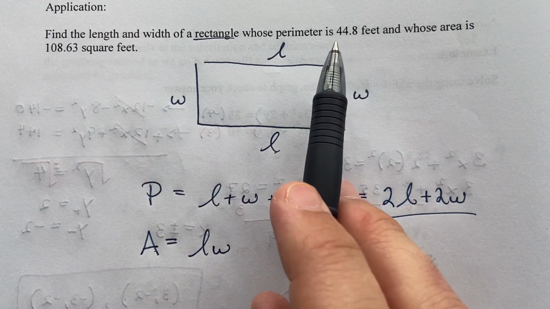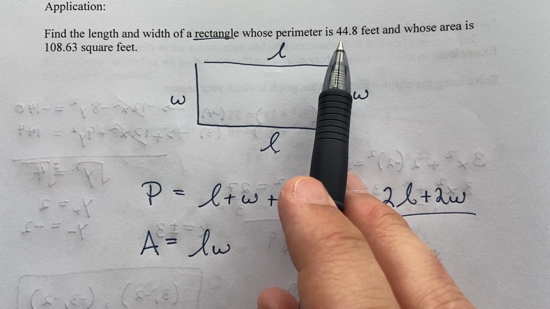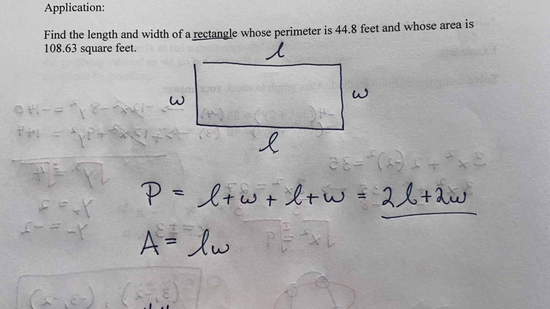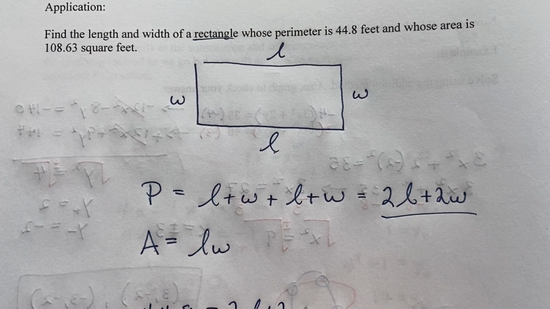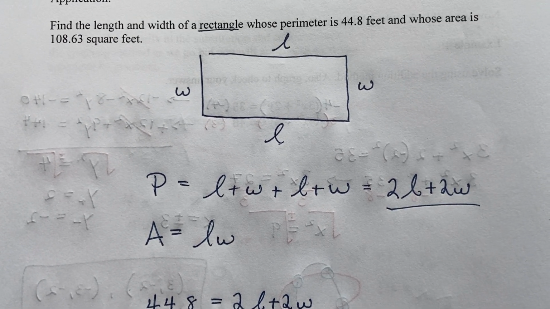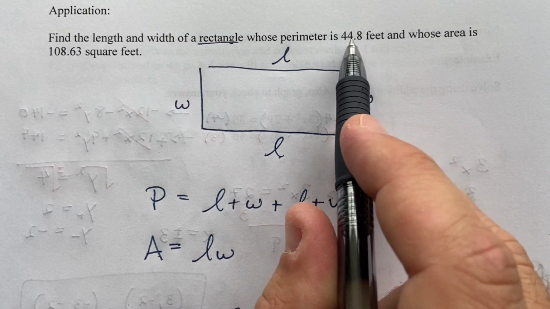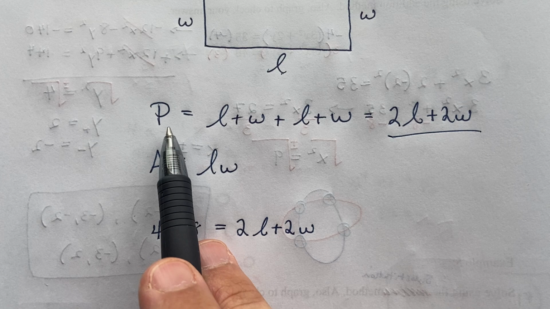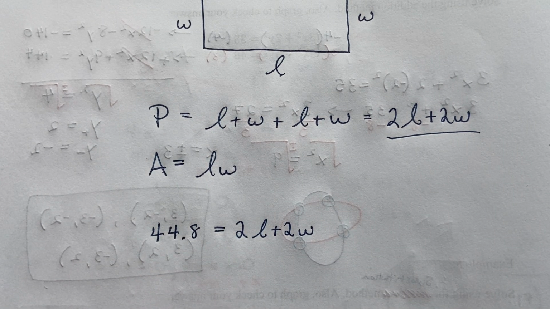Okay. So we have some information. We know that we want the perimeter to be 44.8. So I'll say 44.8 needs to be equal to 2L plus 2W. Sorry, you couldn't see that. So what I did was I just wrote down 44.8 and set that equal to the perimeter, since the statement is that that needs to be the perimeter.